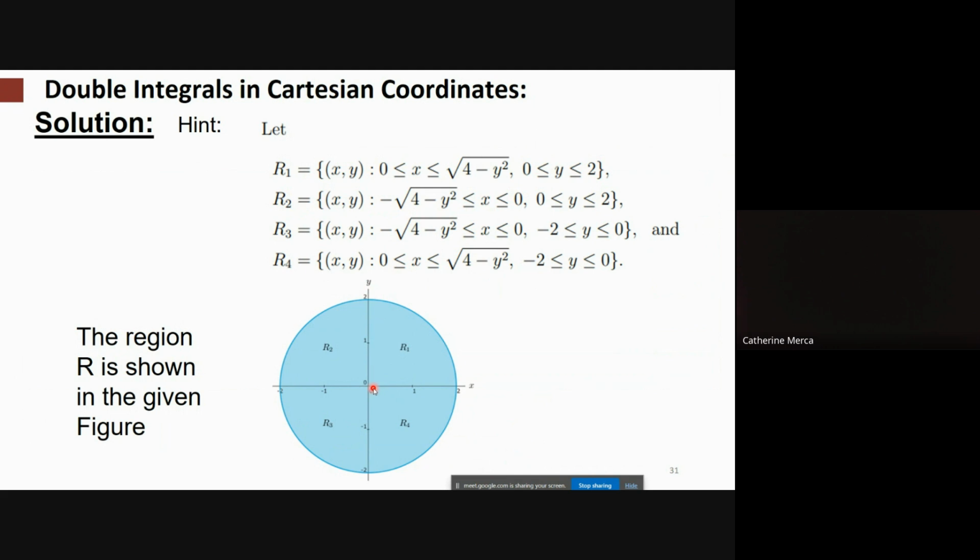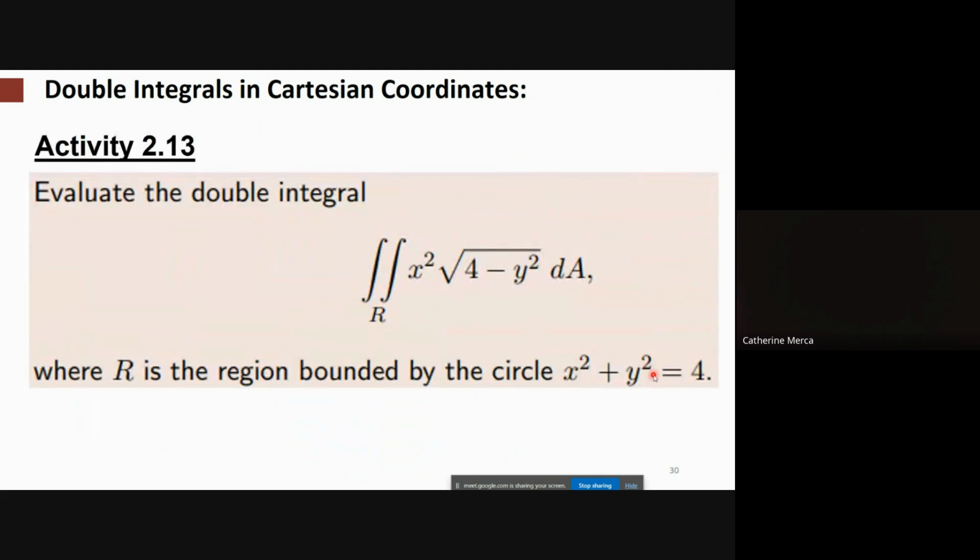On the second region, it's the same: y is from 0 to 2, but x is from negative square root of 4 minus y squared up to 0. Because this is supposed to be x squared plus y squared equals 4, your x there can be solved as the square root of 4 minus y squared.